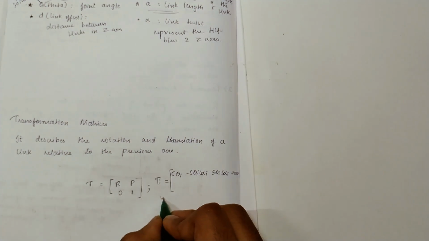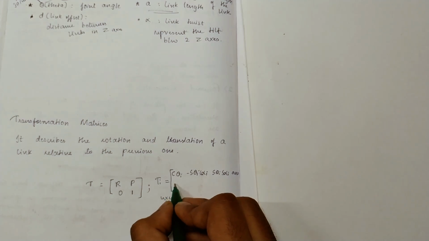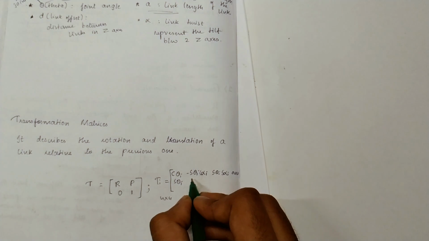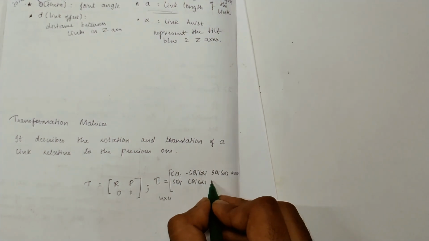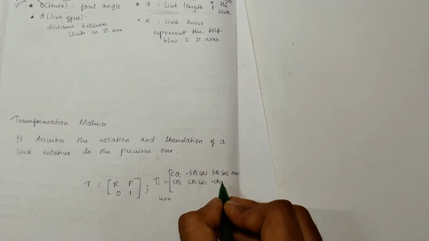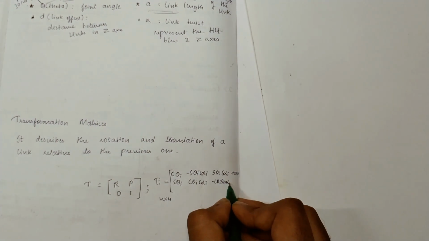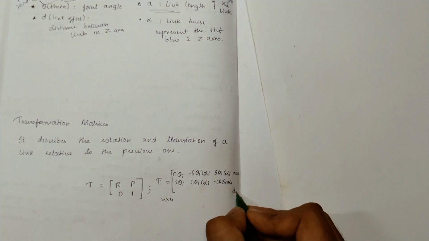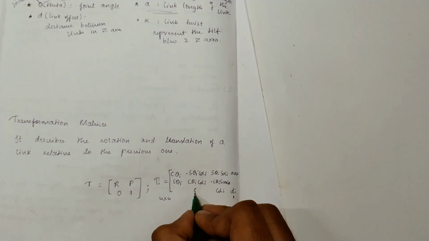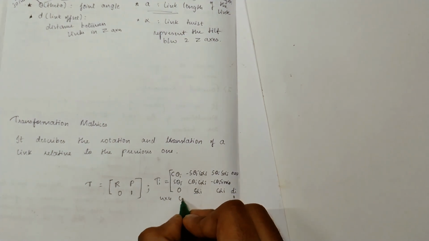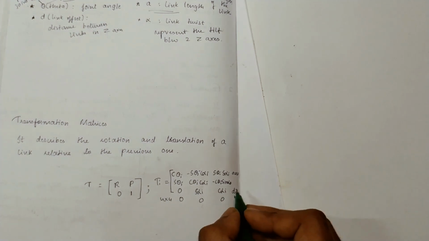This will be a 4x4 matrix which gives the transformation matrix from one link to the next link. Second row: S theta i, C theta i C alpha i, minus C theta i S alpha i. Then here comes the d i, 1, C alpha i, S alpha i, 0, 0, 0, and zeros.